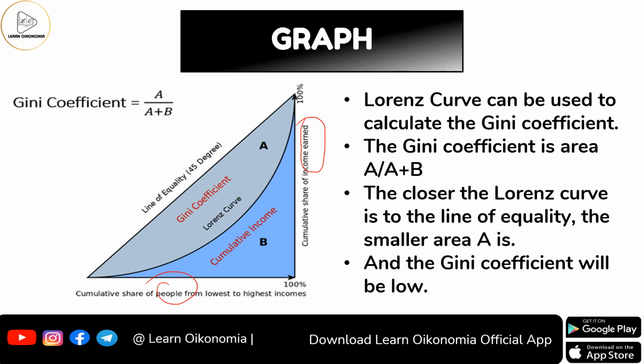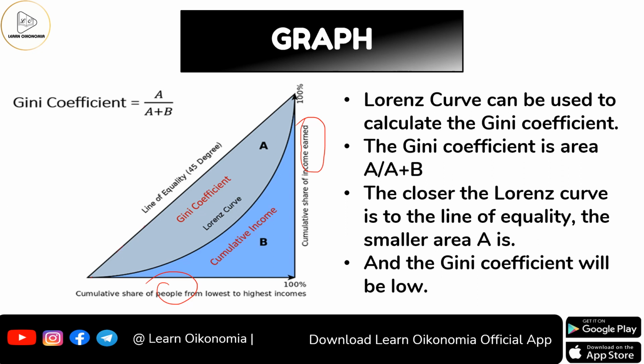By going for that, we could have two areas. Actually, this Lorentz curve would appear like a triangle, but inside this triangle you have a curve which is the actual Lorentz curve. Here you can have two important divisions of this figure. This is the line of equality.